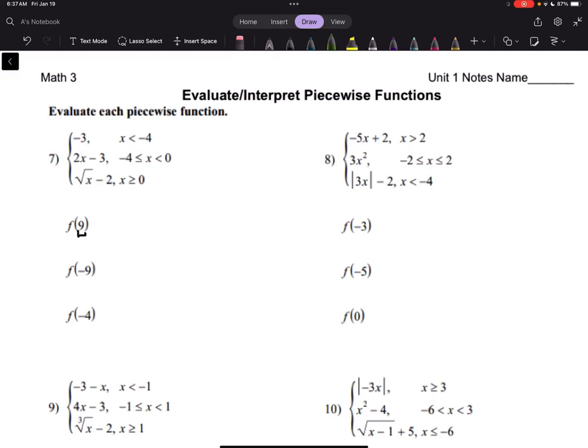First, is 9 less than -4? No, it does not go on the top one. Is 9 greater than -4 but less than 0? No. Is 9 greater than 0? Yes, so we're going to be using the third equation.